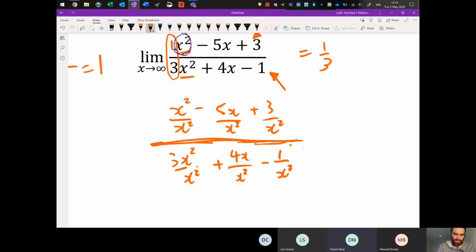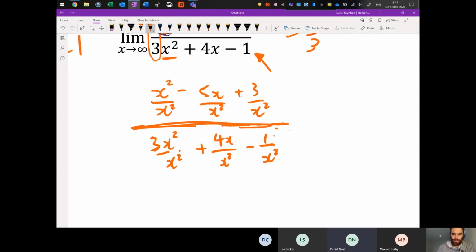So when you're substituting in infinity for x, it shows that 1 over x squared is basically 0. That's why the first coefficient matters. Exactly. So this part here gets closer to 0.